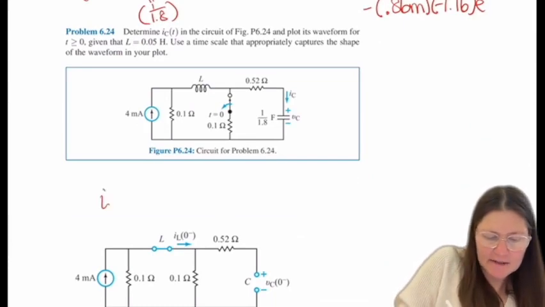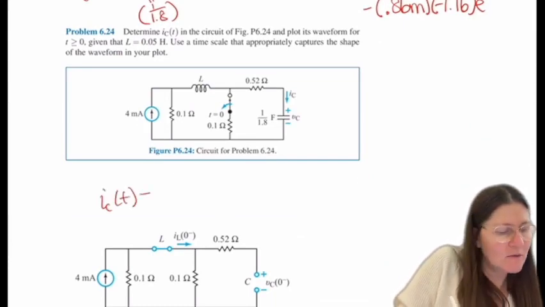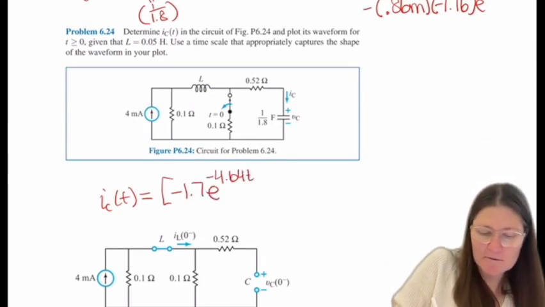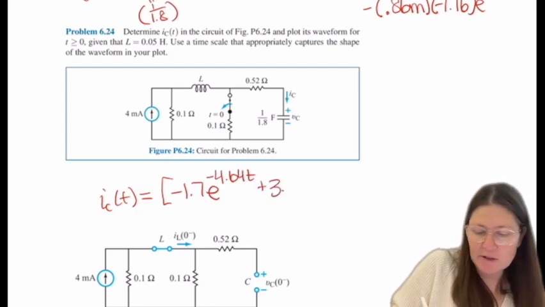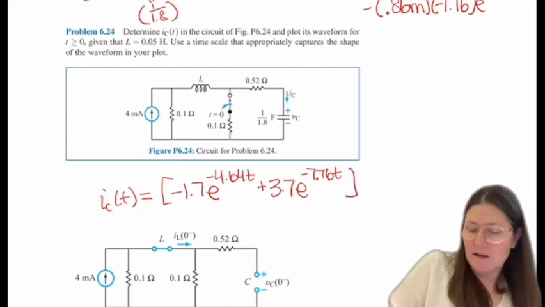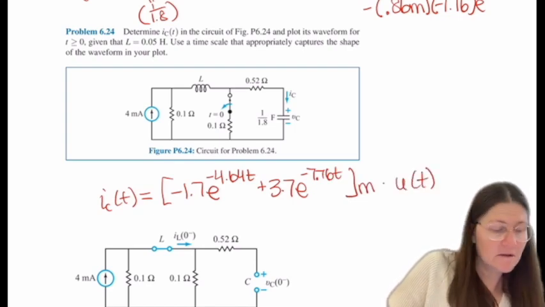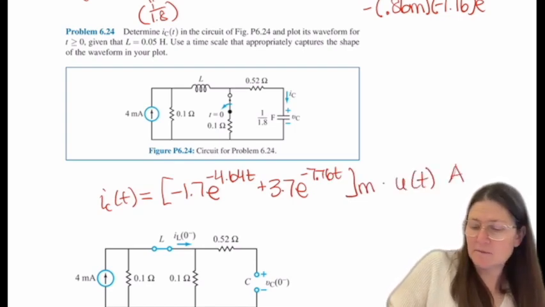And so IC of T will equal minus 1.7 e to the minus 4.64 T plus 3.7 e to the minus 7.76 T. And this will be in milli, and then times U of t, amps.